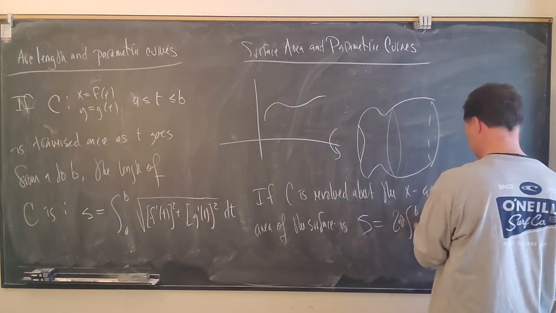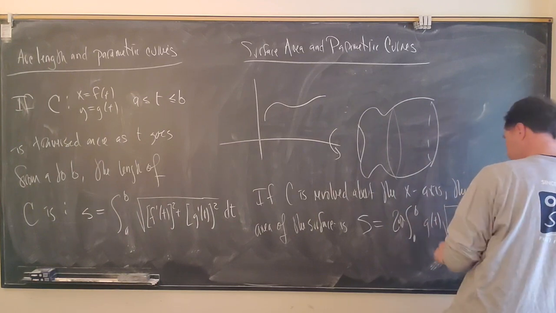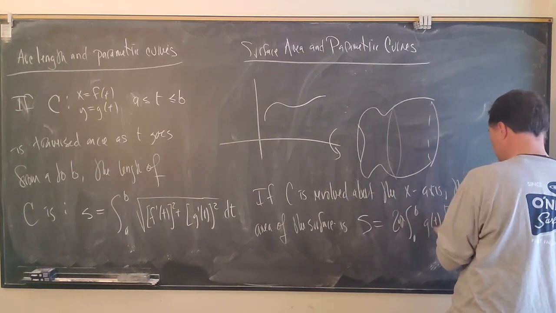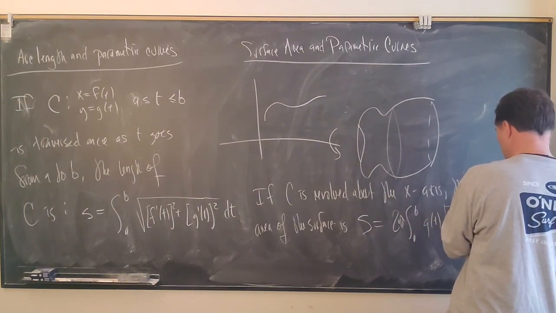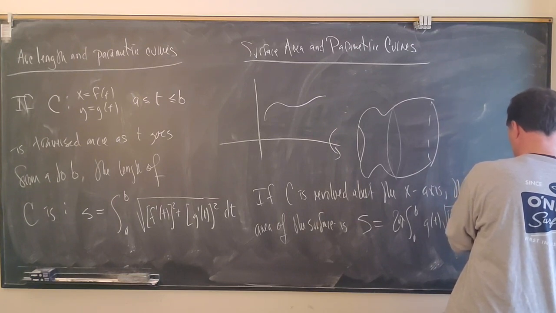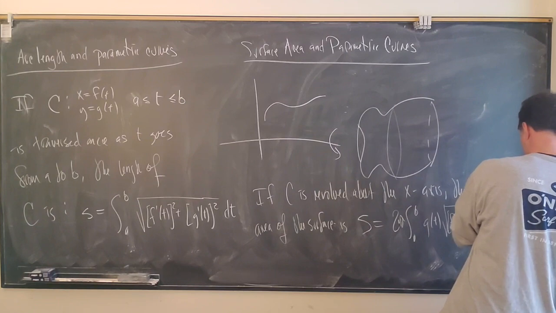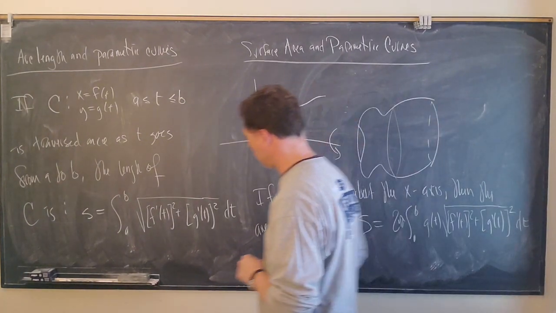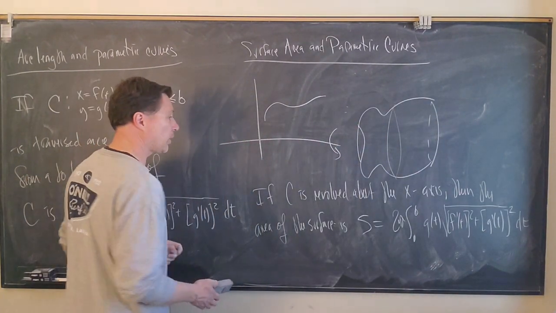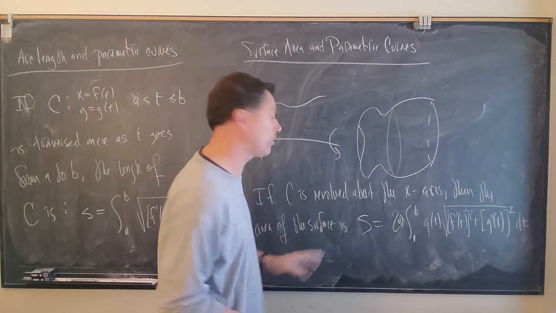So g of t times square root f prime of t squared plus g prime of t squared dt.